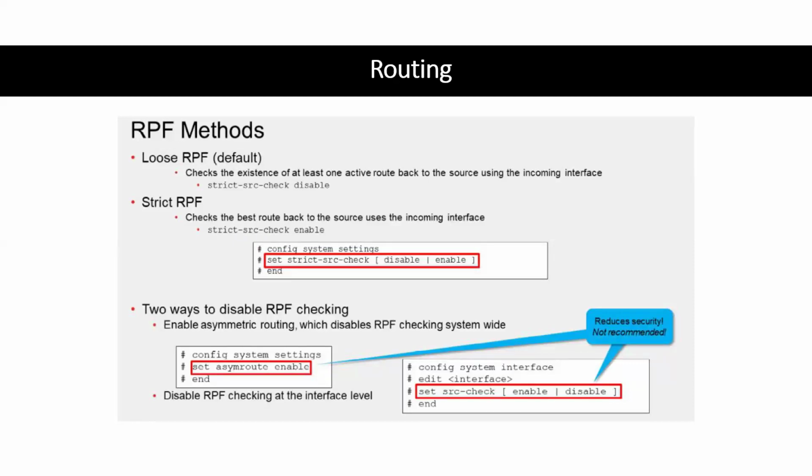Is it A, routing table has an active route for the destination IP address of a packet, or B, routing table has an active route for the source IP of the packet? It's B. From the source. There we go.